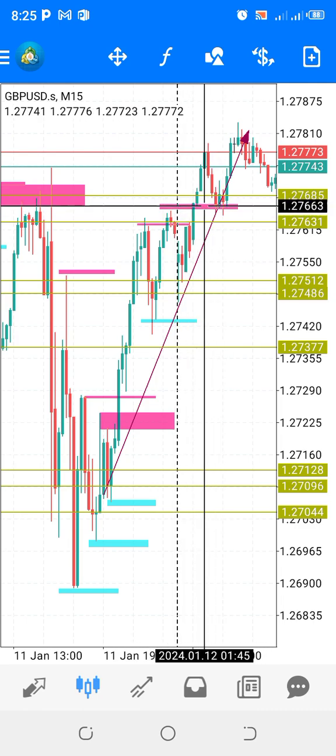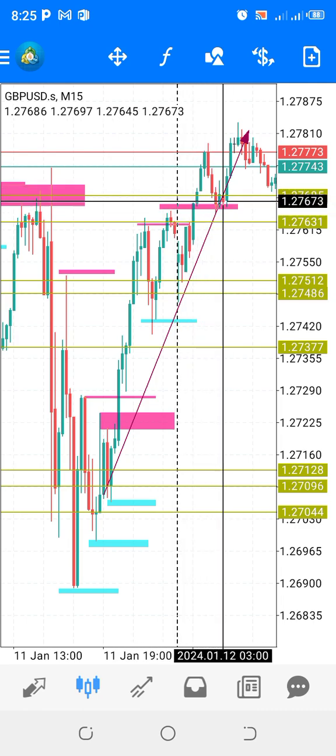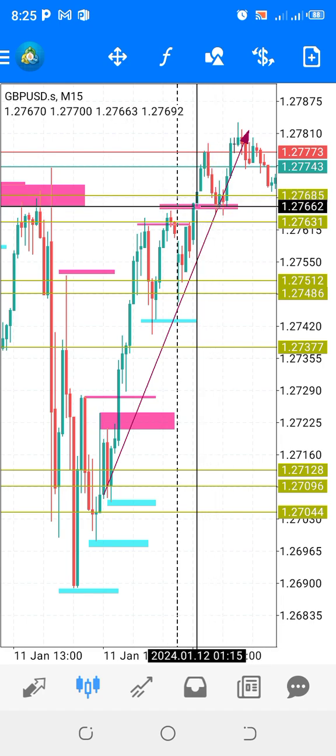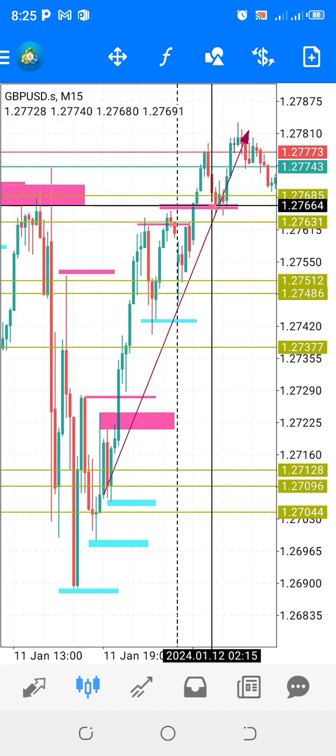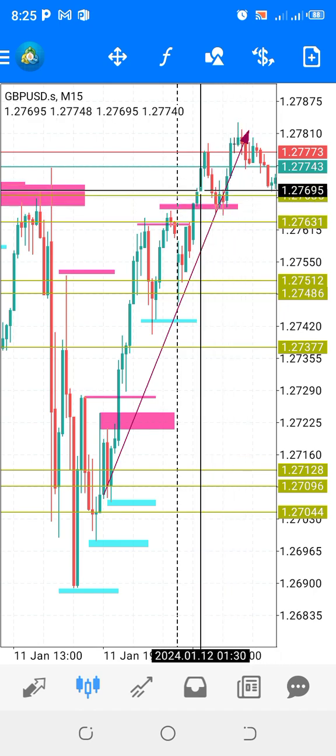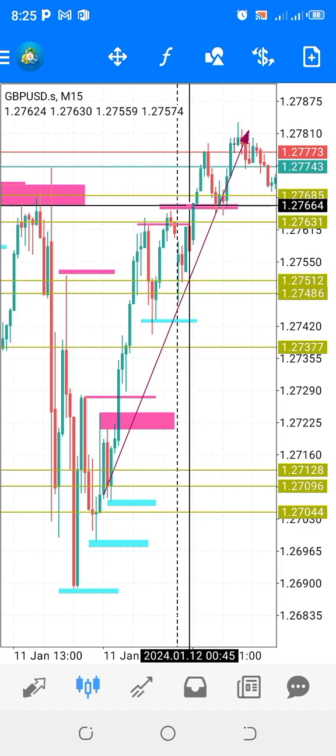So wherever the break occurs is where your entry begins from. And right now, there is no valid break. Even though we have a break here, let's look at that. This was the break, and the level stood at 1.2765. So we expect an entry to form anywhere before 1.2775.